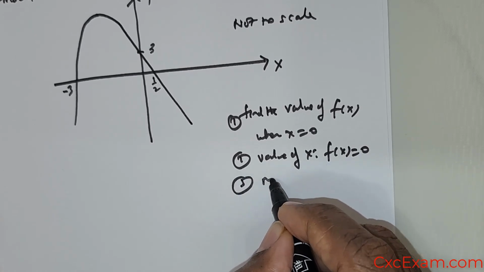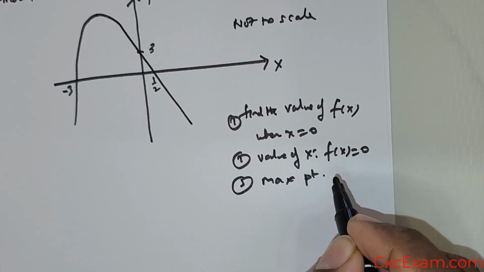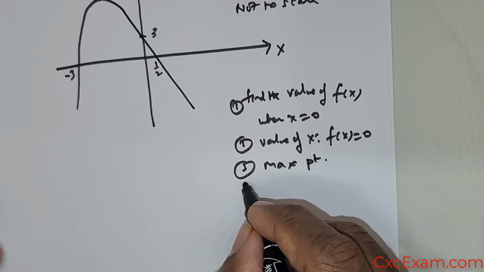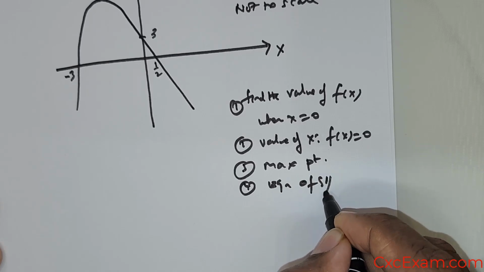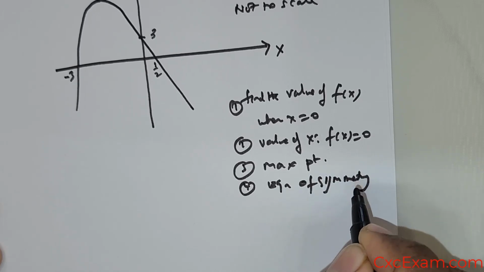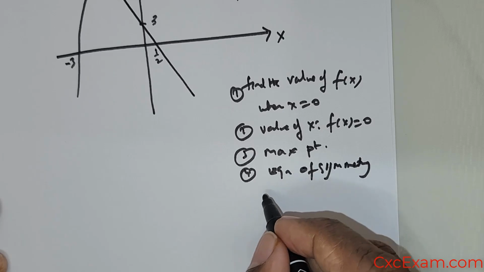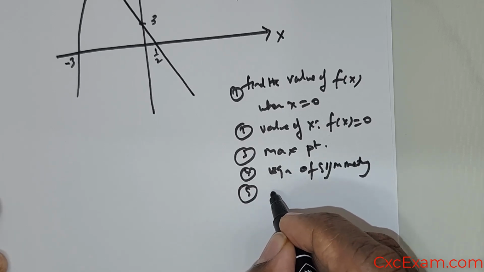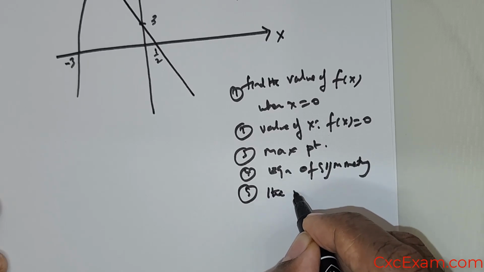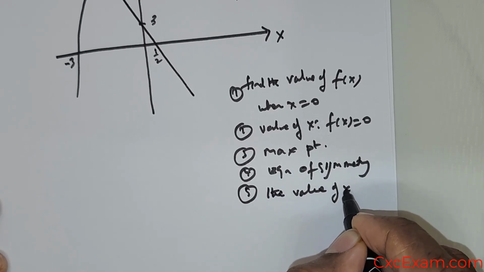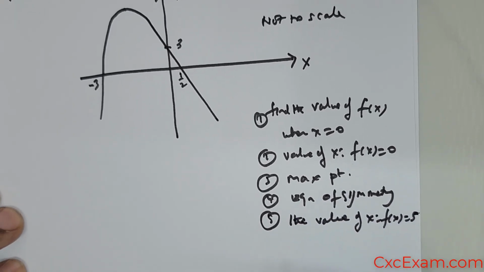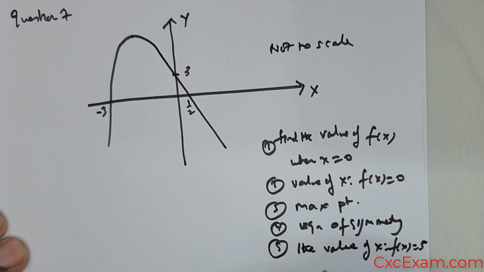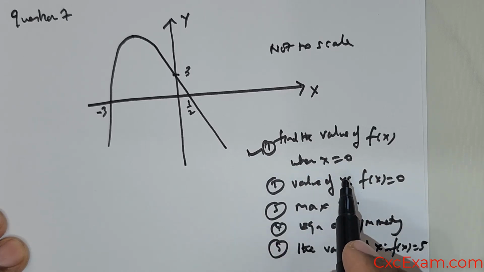The third one is, we have to get the maximum point, and the fourth is, we have to get the equation of symmetry, and finally we have to get the value of x when f of x is equal to 5. So a lot of requirements are there. Now let us start with the first one.